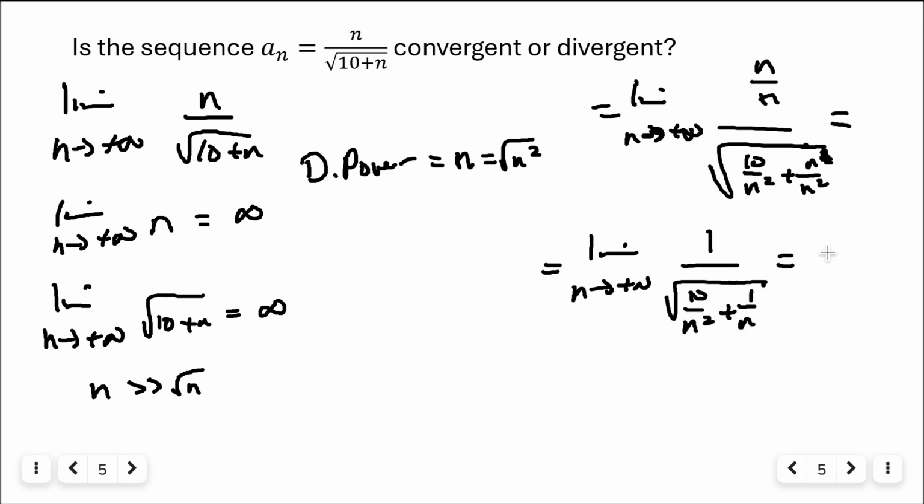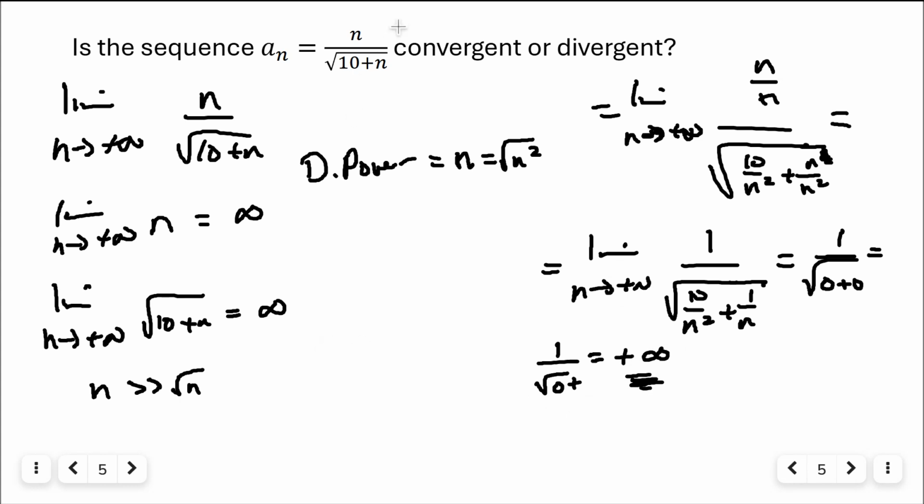As n goes to infinity, that's 1 up on the top. On the bottom, 10 over n squared goes to 0. 1 over something really big also goes to 0. But both of these numbers have to be positive because we're talking about a square root. So this limit approaches 1 over the square root of 0 from the right. That's 1 over something really, really small, but positive. A positive number divided by a positive number is positive, and 1 over something really small is really big. This limit goes to positive infinity.